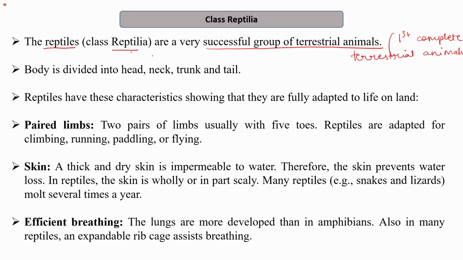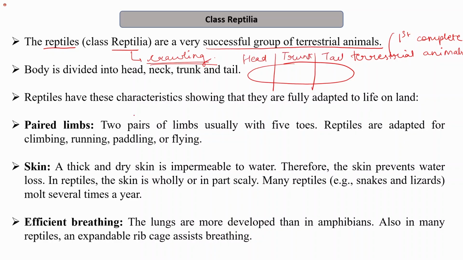Because the term reptilia means crawling, and reptiles are the ones that crawl. Their complete body is divided into three parts: head, trunk, and tail.